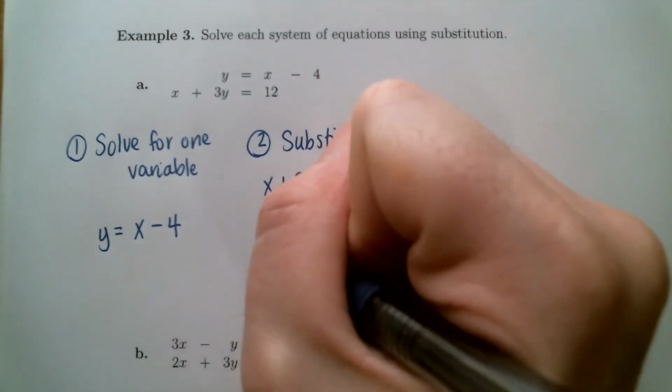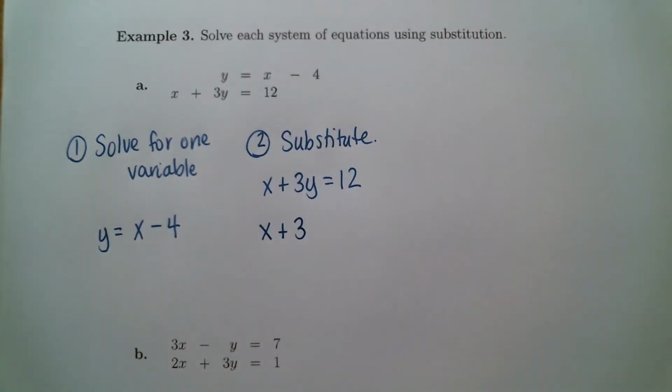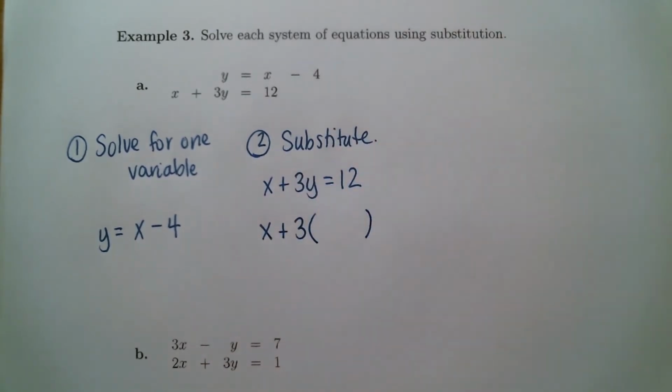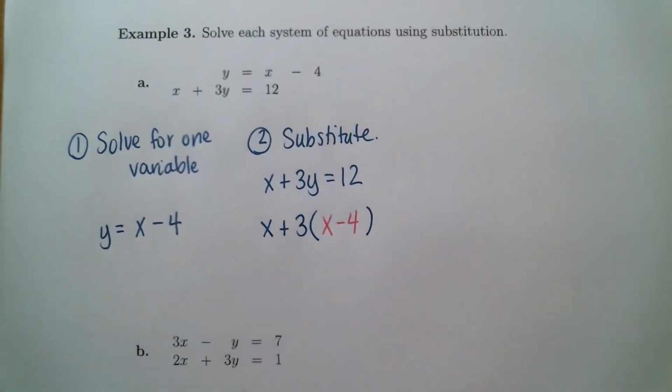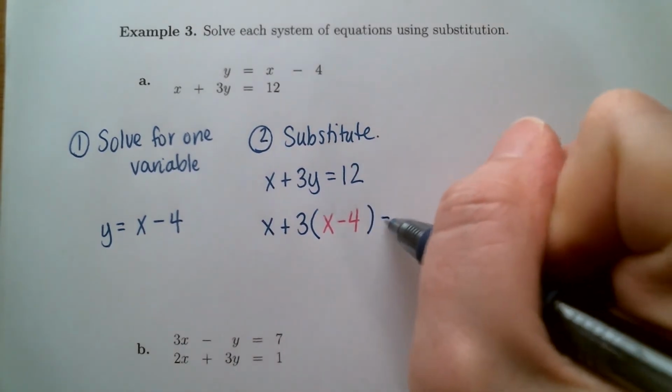So we're going to get x plus 3 times, instead of multiplying by y, we're going to replace y with x minus 4. Now, x minus 4 is a package deal, so you need to have parentheses around it because you're going to have to distribute that 3. You're multiplying y, which is the same thing as x minus 4, by 3, and so that equals 12.